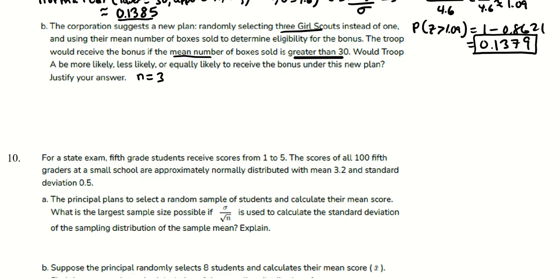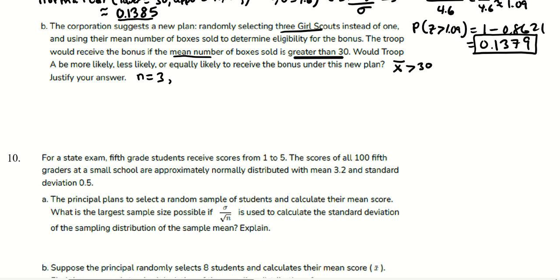So this time they're saying that x bar is greater than 30. Would troop A be more likely, less likely, or equally likely to receive the bonus? What they're saying is basically they want the x bar to be greater than 30.